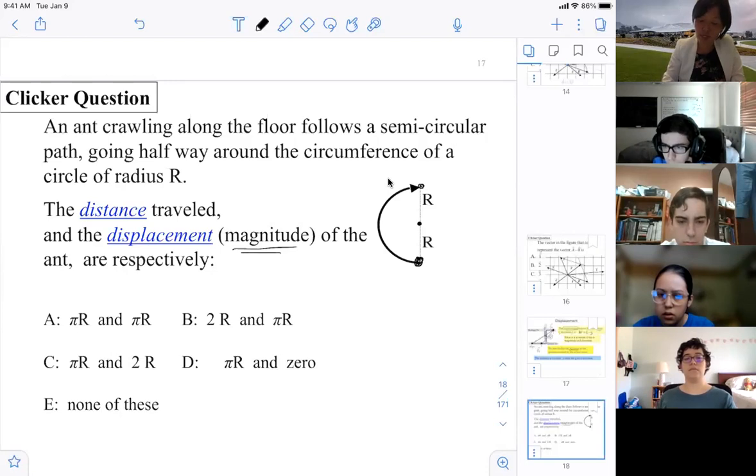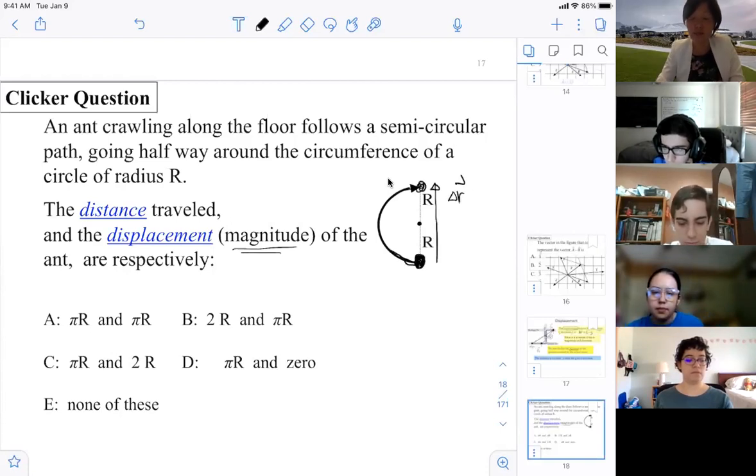Distance is the actual ground cover, so we need to know the length of this half of the circle. Displacement is simply from the starting point to the end point, you draw an arrow. That is your displacement, right? The length of that arrow is your displacement magnitude.